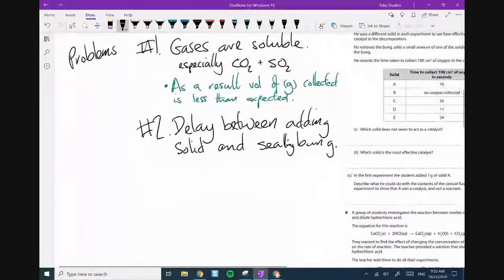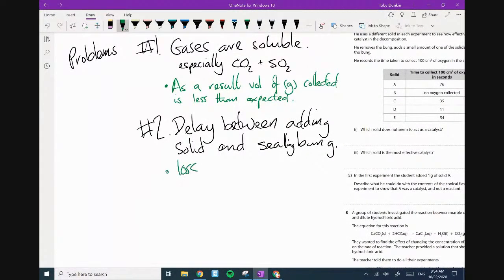What that means is the result of this is that you lose gas at the beginning. Loss of gas at start of reaction, so less gas than expected.